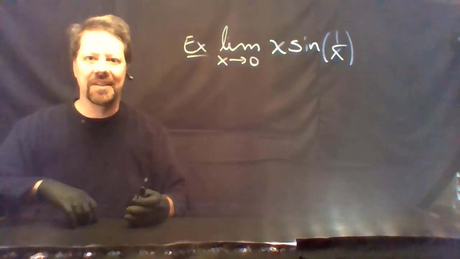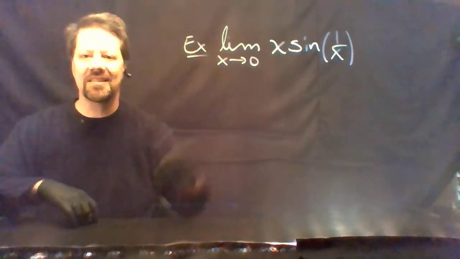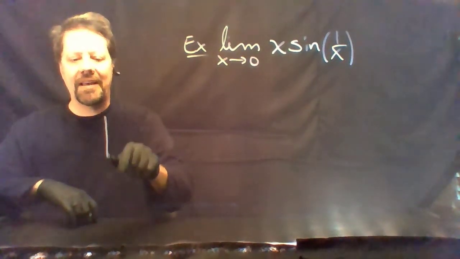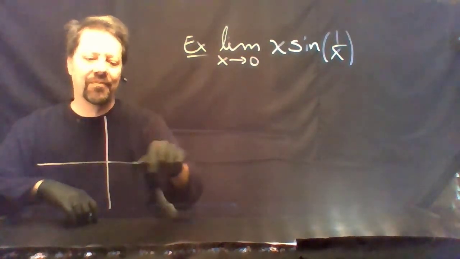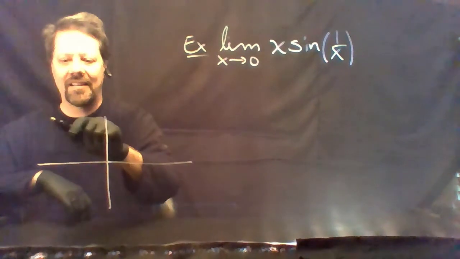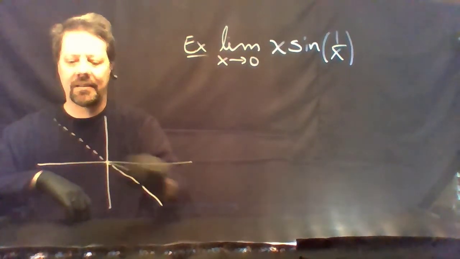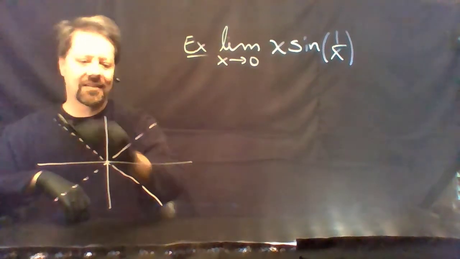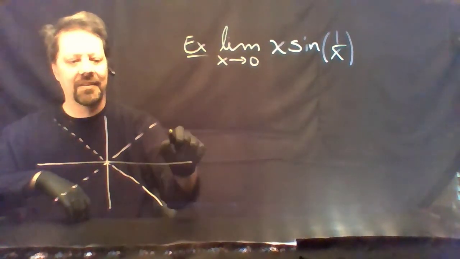Graph this function now, multiply by x. That changes the amplitude. You now have a variable amplitude. The amplitude varies between the curves y equals x and y equals negative x.